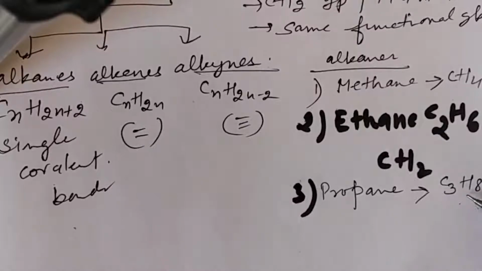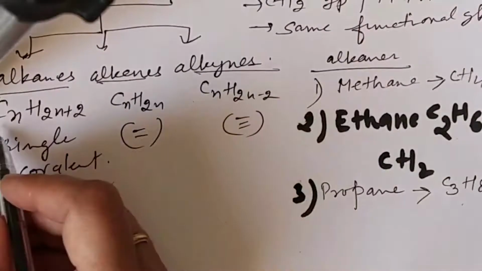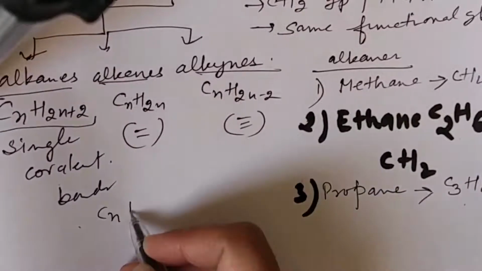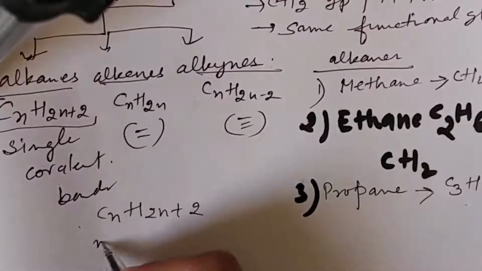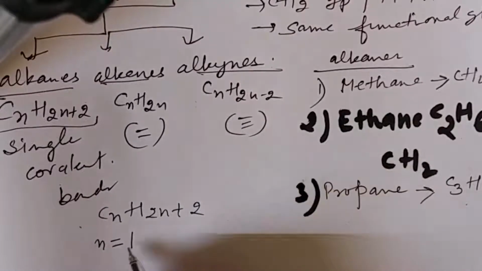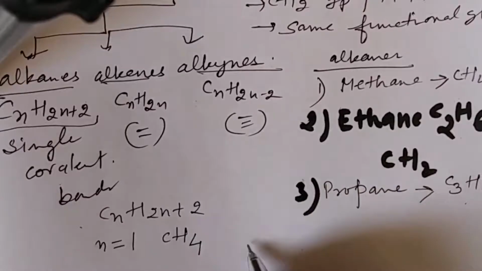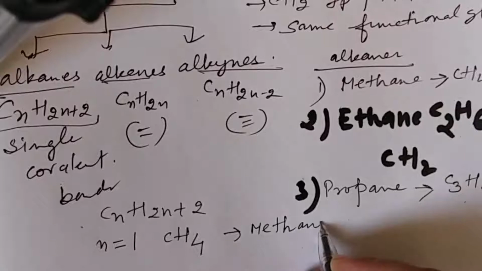Now you can ask me how you are making these formulas. Students, it is very simple. We have already discussed the general formula. Put the values here: in CnH2n+2, if we put n equal to 1, it will come out to be CH4, the methane molecule.